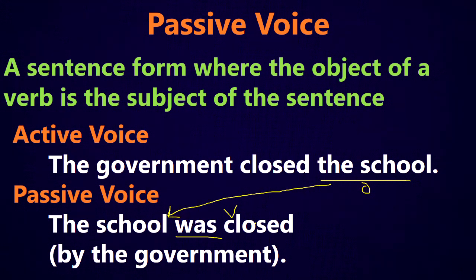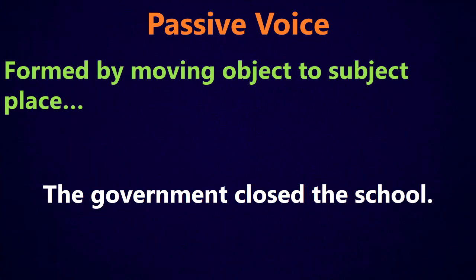So the object actually becomes the subject. So it gets a little bit confusing to keep calling things subject and object when we're talking about passive voice. So instead of calling the subject the thing that does the verb, we call it the agent.